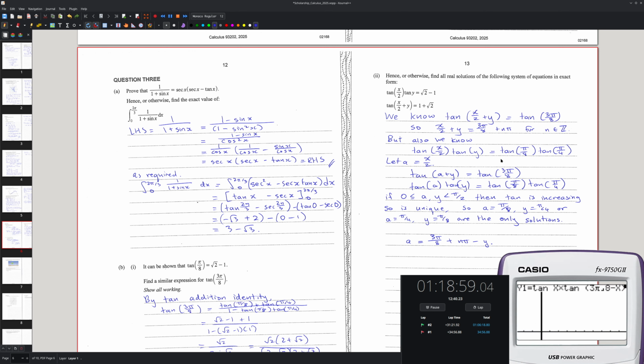Oh my god, I'm in the wrong place again. Yo, what is this? Wait, is it actually unique? Bro, how do you prove it though?